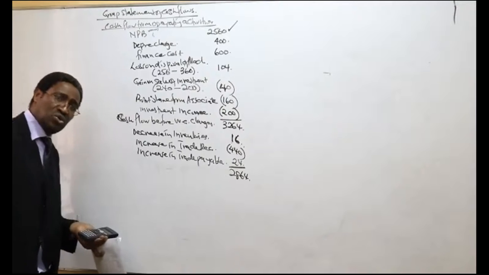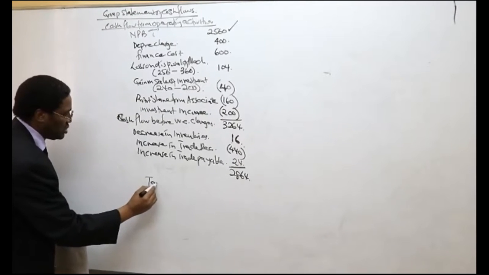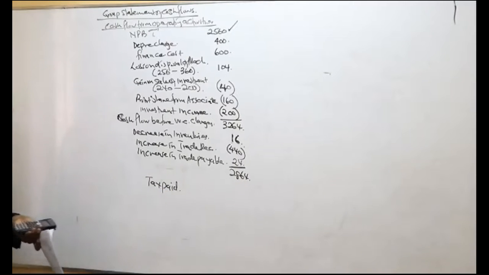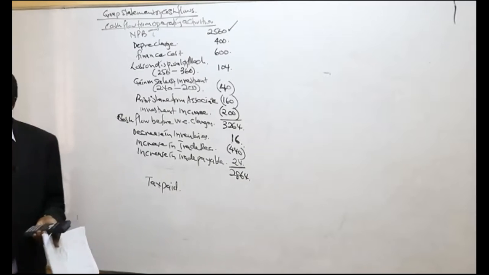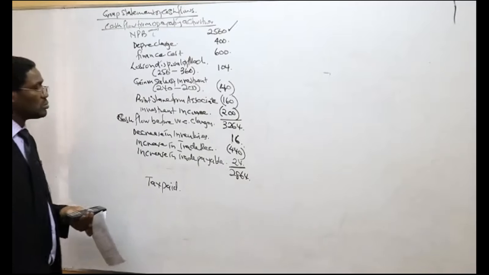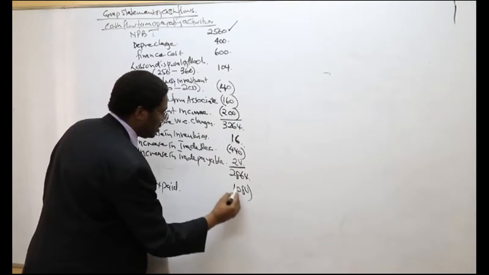From there, we said you go to what next? We said you now come and say tax paid. So go to the account we prepared. We must have done the workings for the amount paid for taxes. What did we get? For tax paid, we got an amount of 1080.